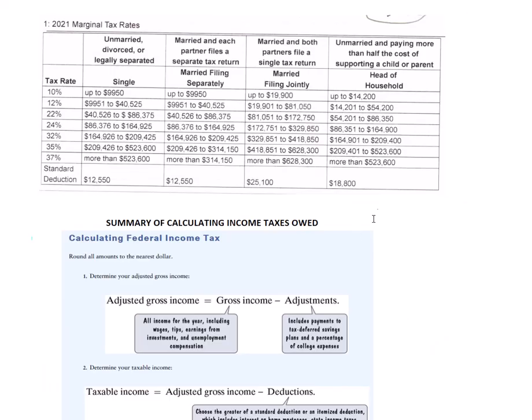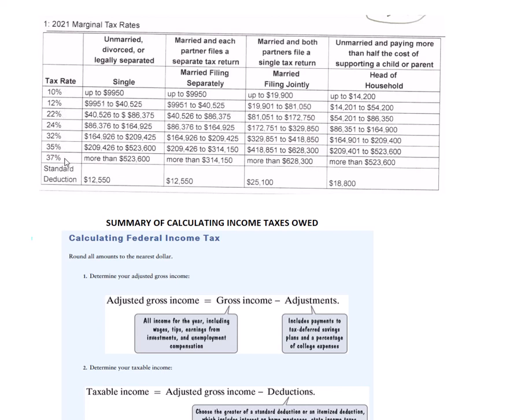Before we move on to the next question, I want to show you this chart that talks about marginal, which are variable, tax rates. You pay a different percentage of your income based on how large your income is and your filing status. If you are unmarried, divorced, or legally separated, I will show you how to choose which category or which categories, because sometimes it's multiple categories.